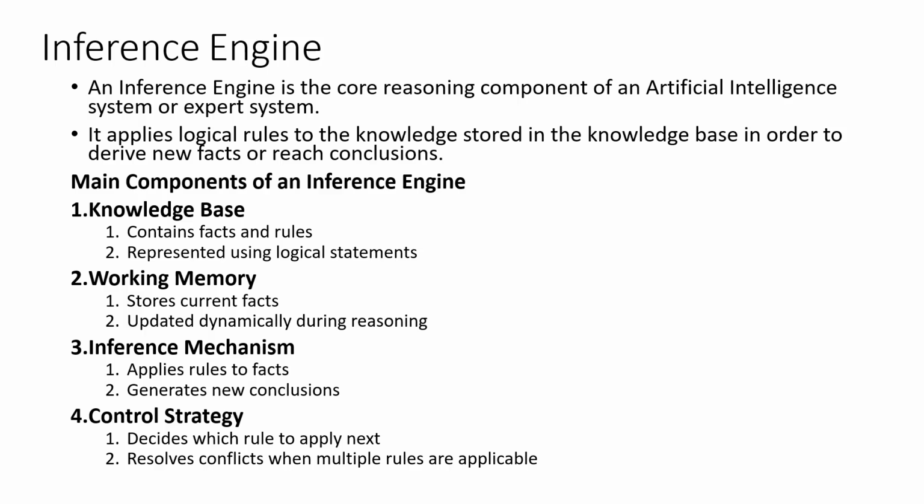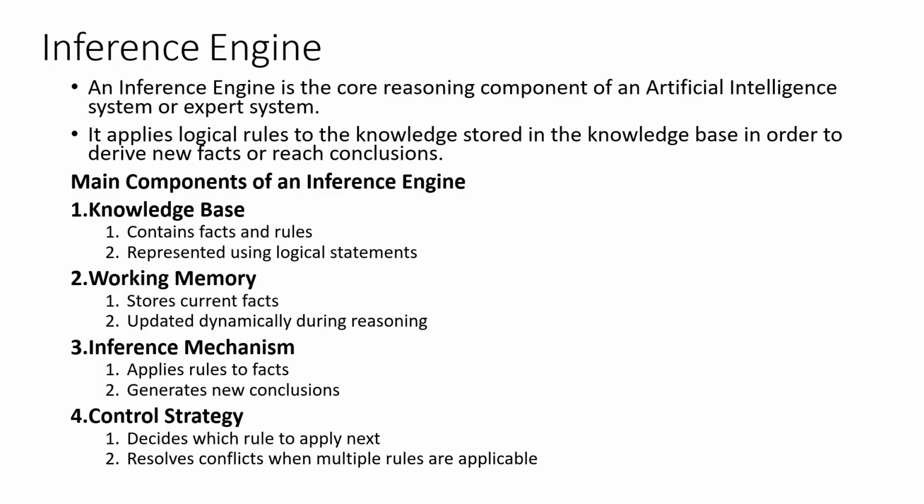Then control strategy selects which rule we have to apply next, and it resolves conflict when multiple rules are applicable. So first we have facts, then we match these facts with the rules, then fire the corresponding rule, then new facts are produced, and we add them to the working memory, and the cycle repeats.